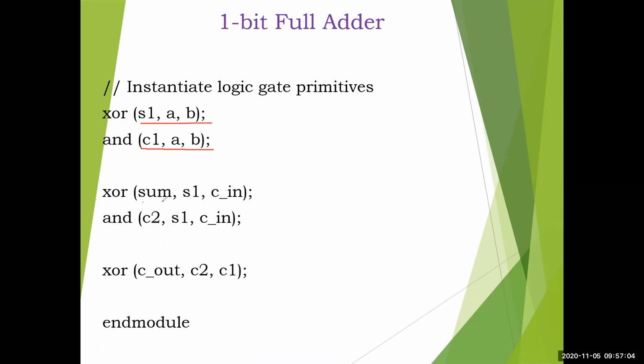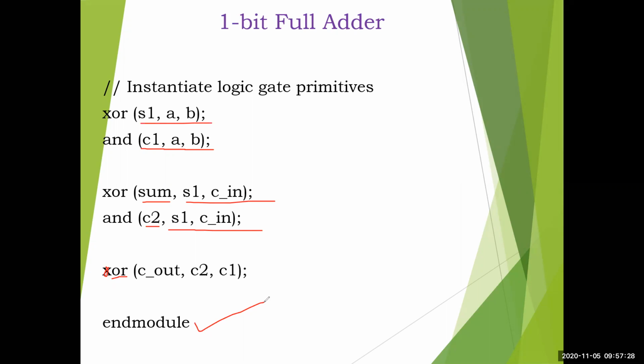Second XOR gate: sum is the output, S1 and Cin are the inputs. AND gate: C2 is the output, S1 and Cin are the inputs. Here they have used XOR, so strike this out, it is not required. It is an OR gate. Just write OR, Cout, C2 and C1. So this is the program, and finally endmodule.